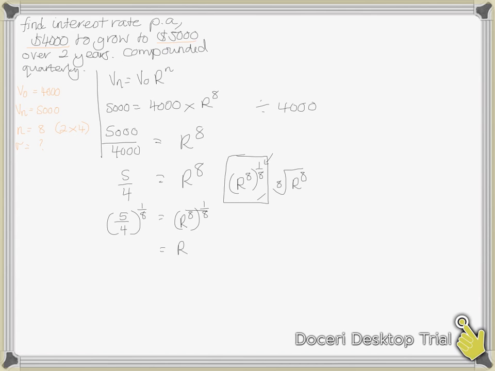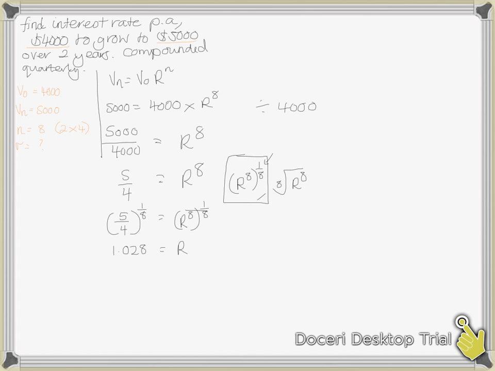You just chuck that in your calculator. So you get 1.028. Now that one's been rounded up quite a bit so it fits on the screen. Obviously, when you're working it out, you should work with the whole number.